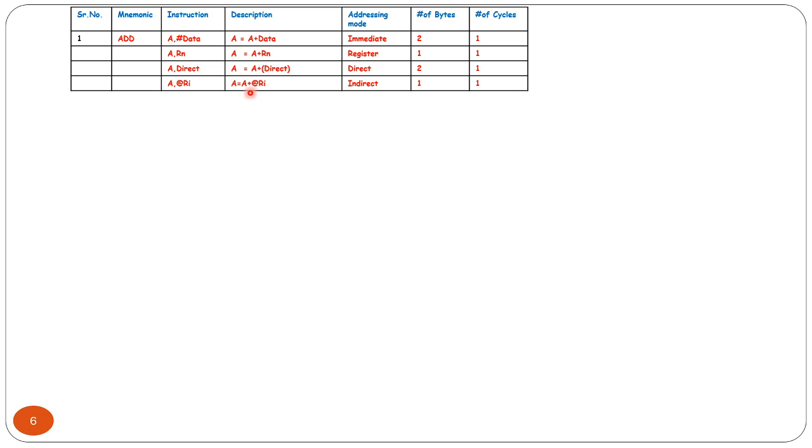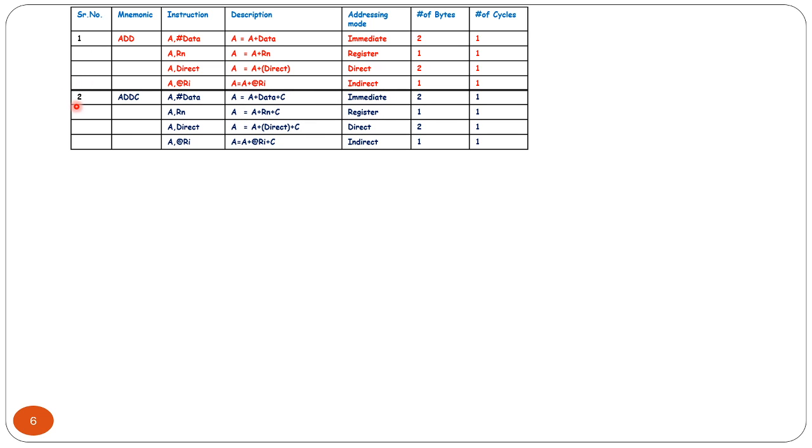This is the indirect addressing, the number of bytes required is 1 and the machine cycle is also 1. So these are the ADD instructions.